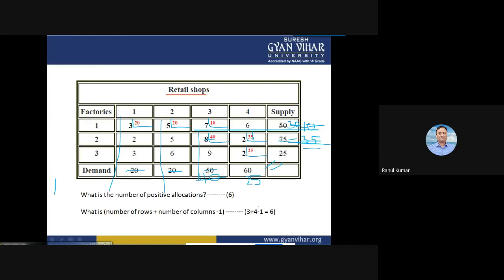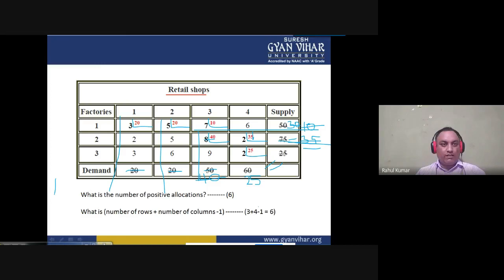Then what is the value of this? Just like 20 into 3 plus 5 into 20 plus 70 plus 320 plus 70 plus 50, right?